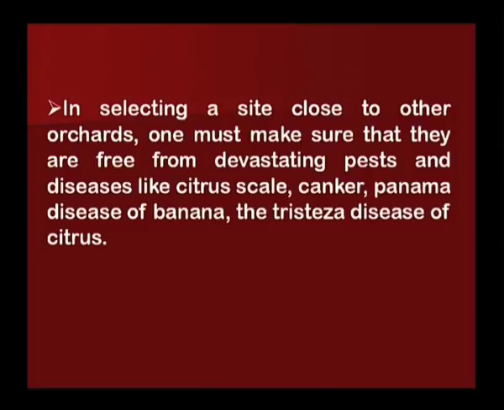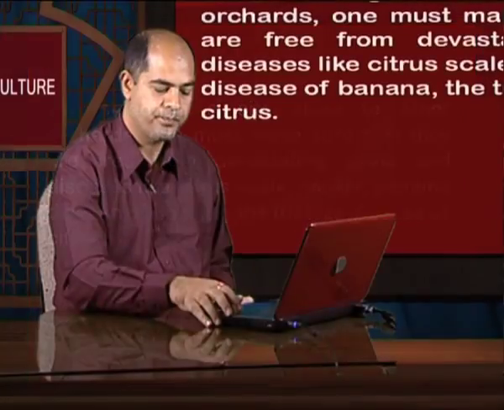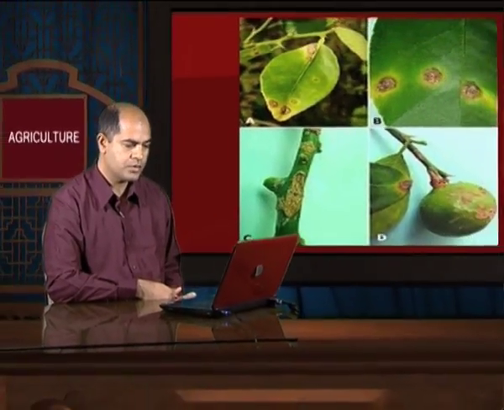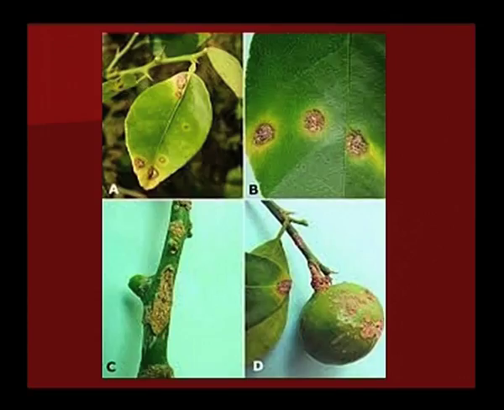In selecting a site close to other orchards, one must be sure that they are free from devastating pests and diseases like citrus scale, canker, Panama disease of banana, the Tristeza disease of citrus. This picture shows the various symptoms of citrus canker disease on lime leaves, stem and fruit.